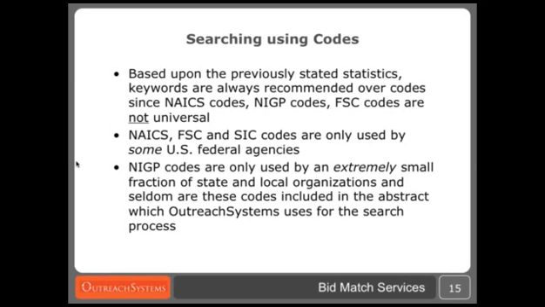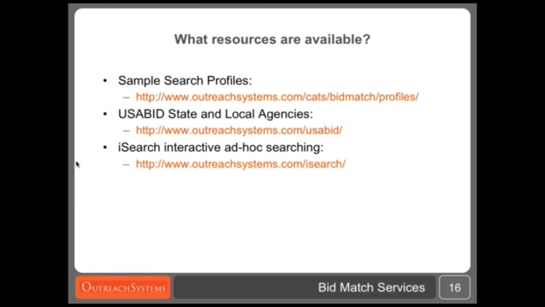NIGP codes simply are not used by state and local organizations from whom we receive the bid abstract. They may be used in the bid package, but again, all we match against is the bid abstract, which is a much shorter summary of what the bid package is all about.